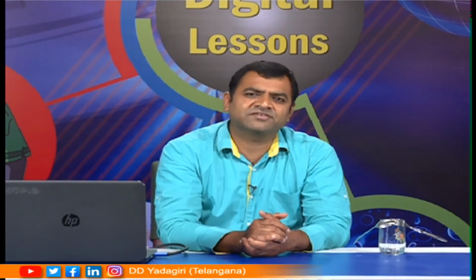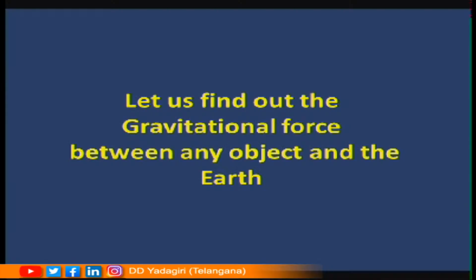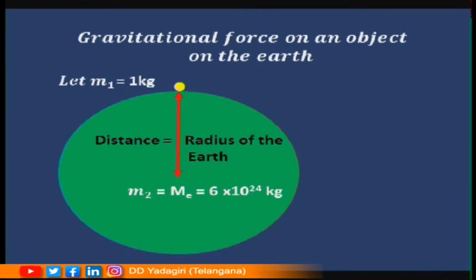Let us calculate the gravitational force between any object and the earth. Consider an object of mass 1 kg and the earth. The distance between them must be the distance between the center of the earth and the object, so the distance should be equal to the radius of the earth. Now, the mass of the earth is 6 into 10 power 24 kg, that is huge. So, the gravitational force is F equal to G m1 m2 by r square, where m1 is the mass of the object and m2 is the mass of the earth.